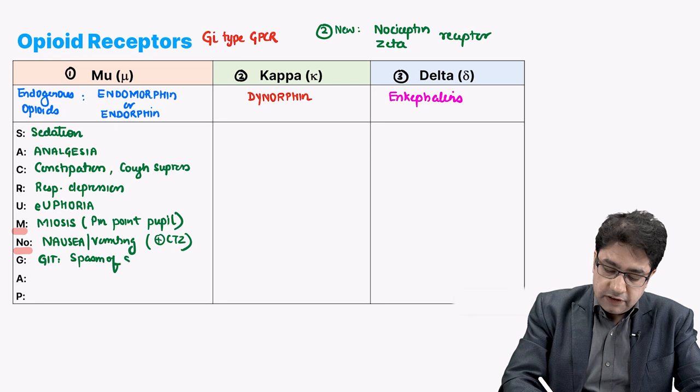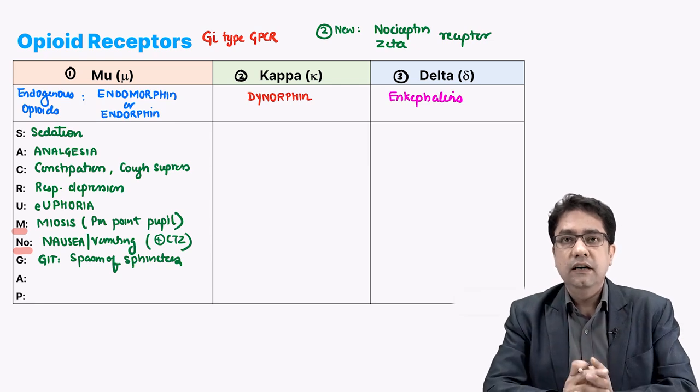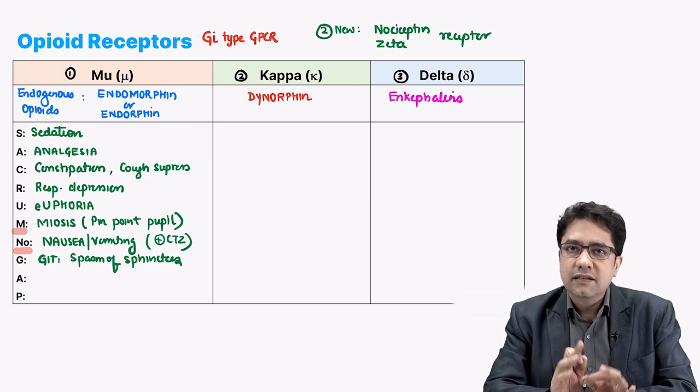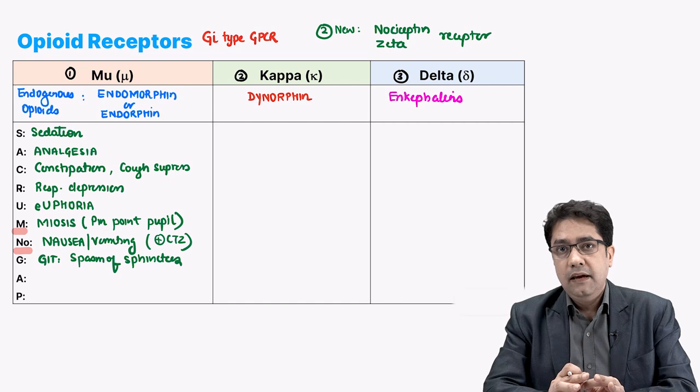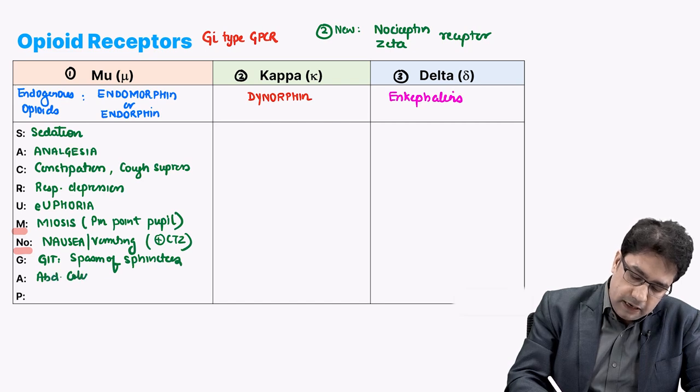Spasm of sphincters. And remember, when sphincters, which are circular muscles, undergo spasm, any muscle that undergoes spasm, the symptom will be pain. Hence, can we say mu receptor causes abdominal colicky pain?